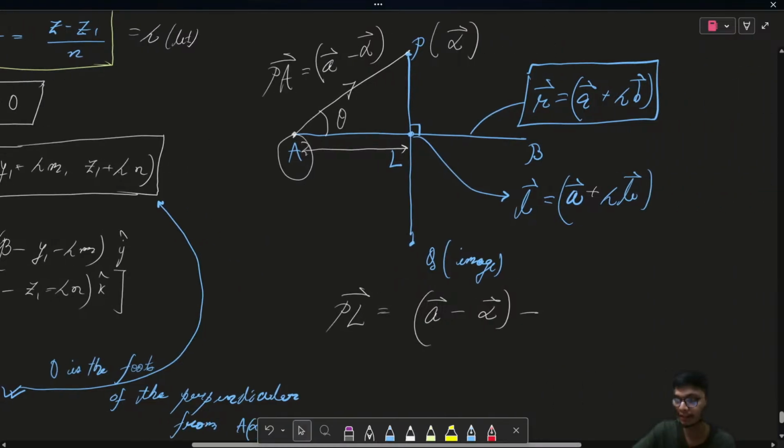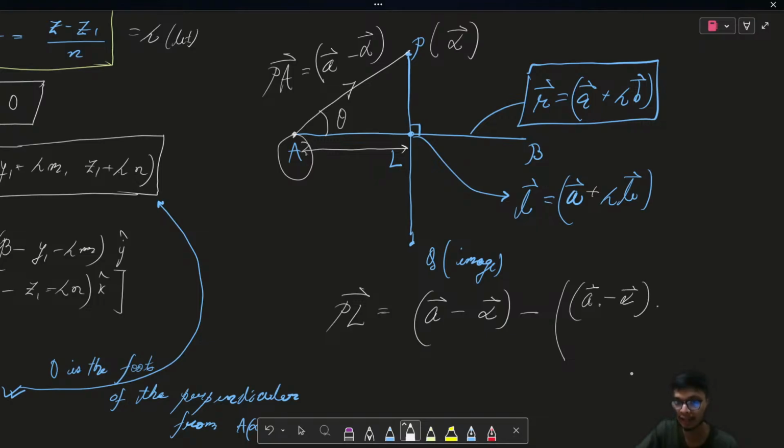I have already discussed this in my vector algebra courses. So a minus alpha vector is this PA vector dotted with the b vector divided by mod of b vector, that will give you the projection onto this particular vector, and we need to multiply with b cap. So there will be a square over here because I need to write it as b vector.